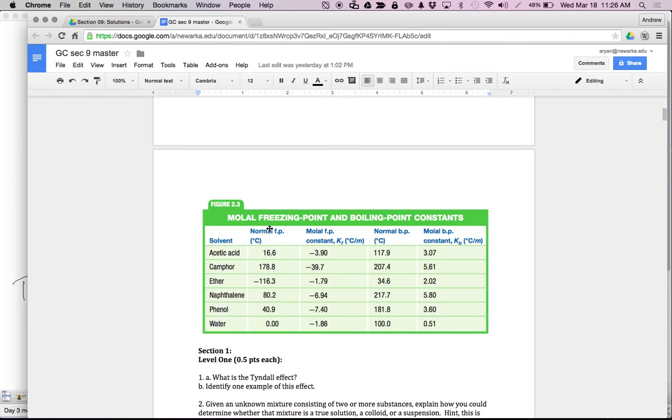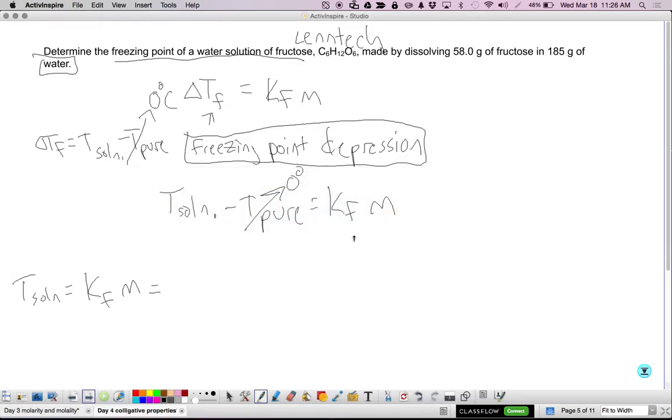So here's water. I have normal freezing point in degrees Celsius, and I have molal freezing point constant. So the molal freezing point constant for water is negative 1.86 degrees Celsius per molal. So KF is negative 1.86 degrees Celsius per molal.